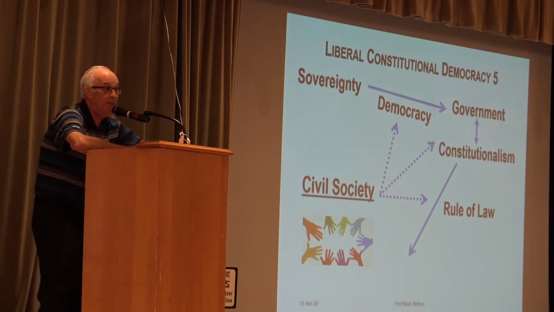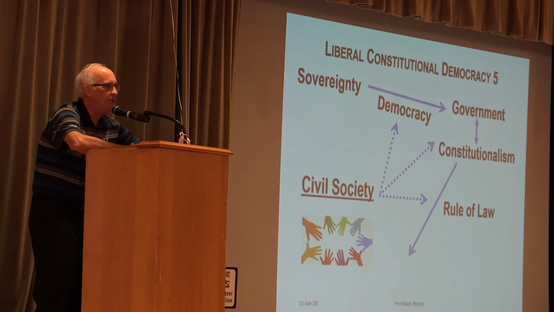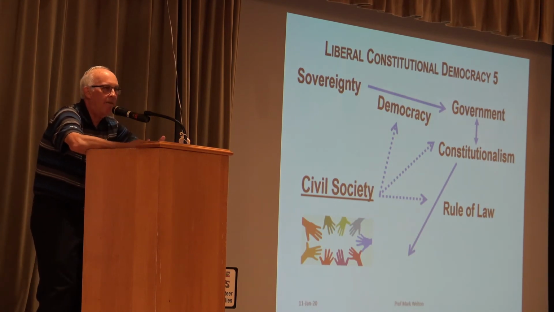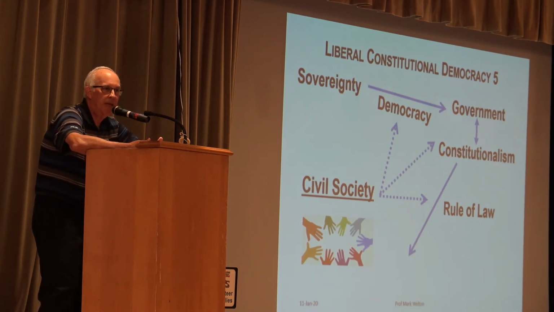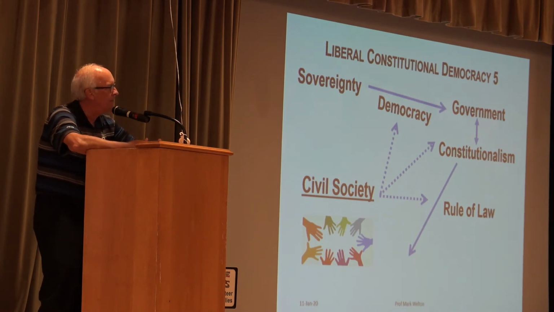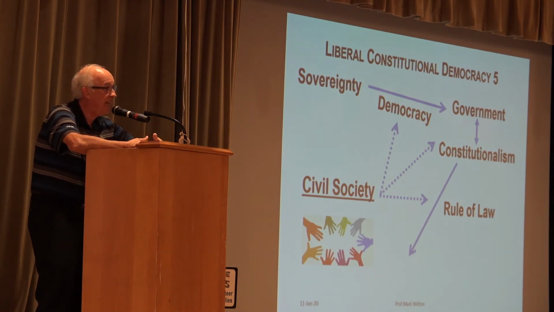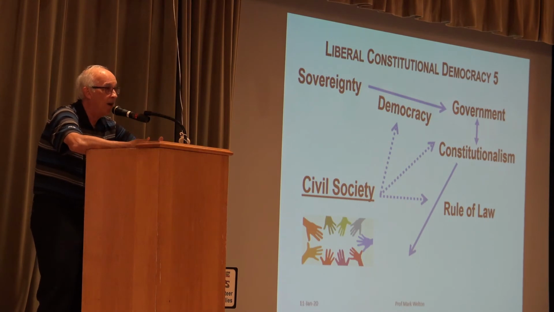Okay, last piece of the puzzle. Civil society. If you have all of these elements in place, but you do not have an effective or functioning civil society, this can fall apart.